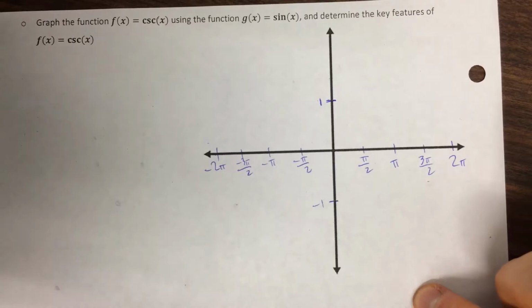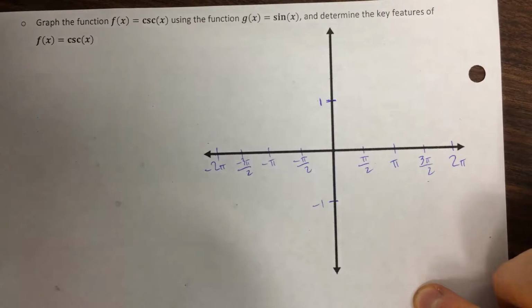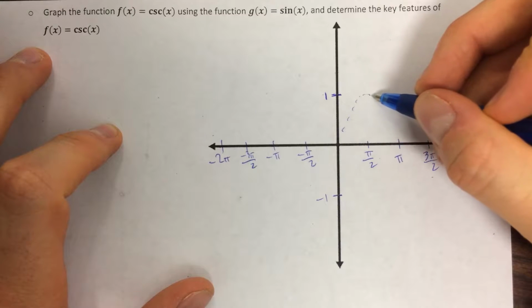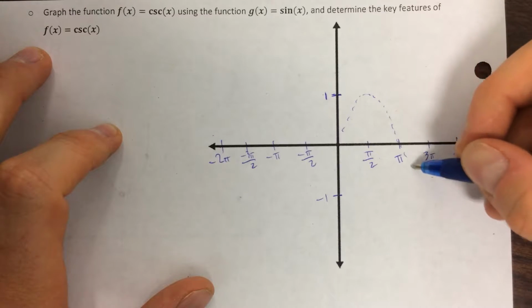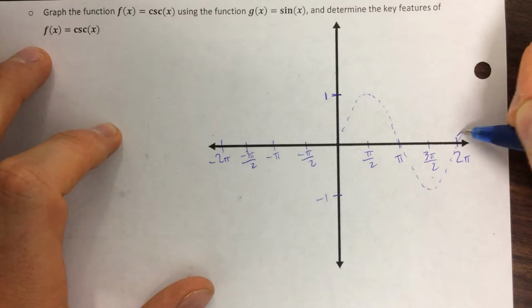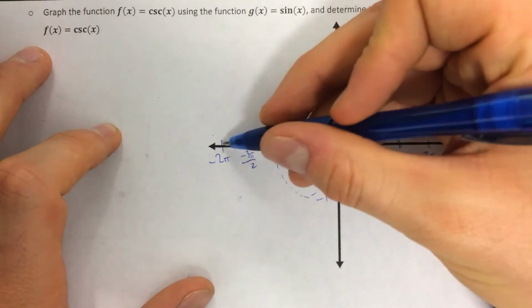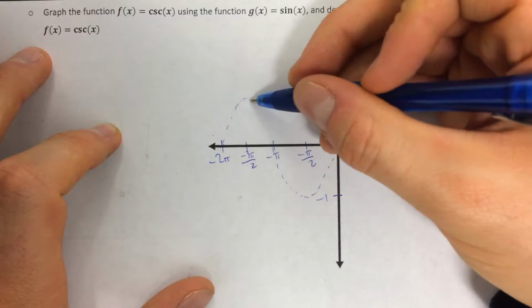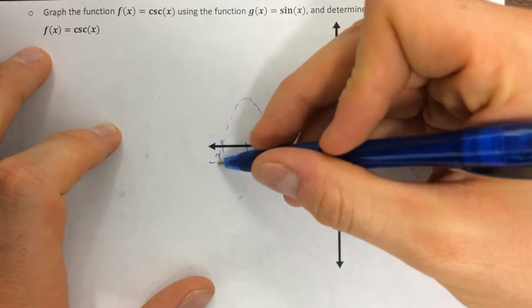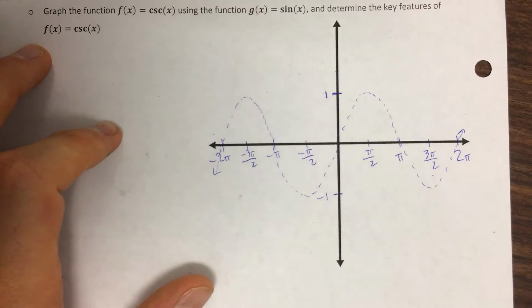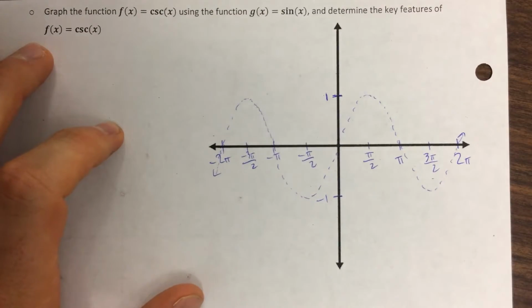You need to pause it anytime, that's fine. And I'm going to graph sine, similar to what we do with cosine, with a blue dotted line. So this is our sine function. So that's our sine parent function.